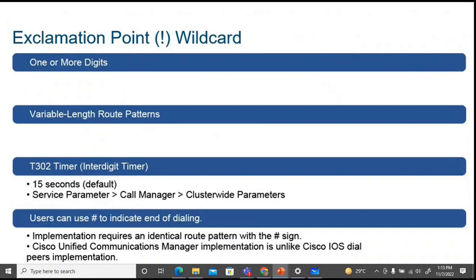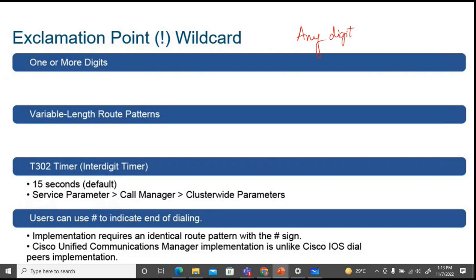Then in digit analysis and digit manipulation, we can also use exclamation point for wildcard. Exclamation point means any digit. So one or more digits can be there behind an exclamation mark. It is a variable length route pattern. So let's suppose for international numbers, you do not want to put any specific number, as there are multiple international numbers you can allow.